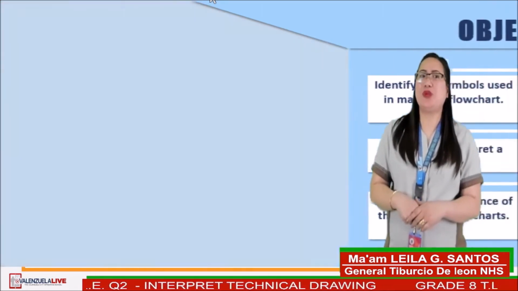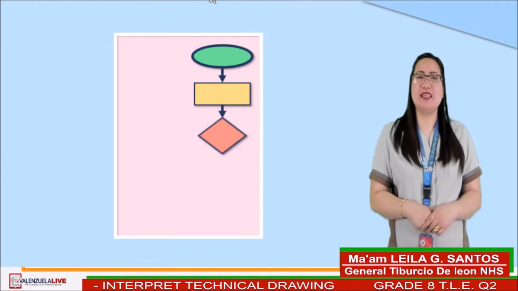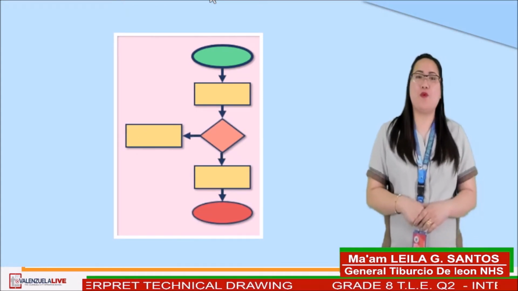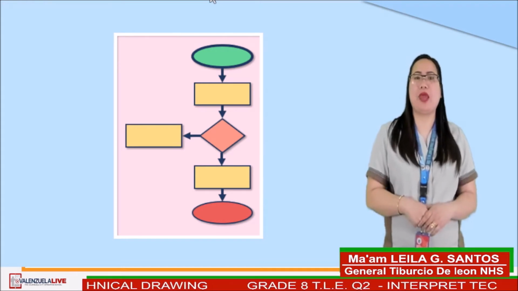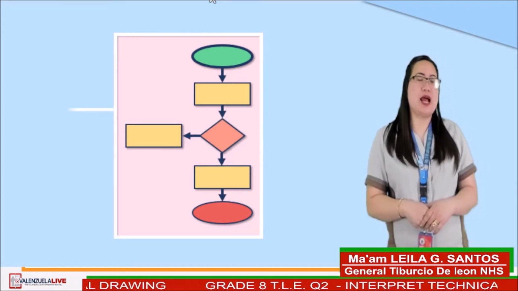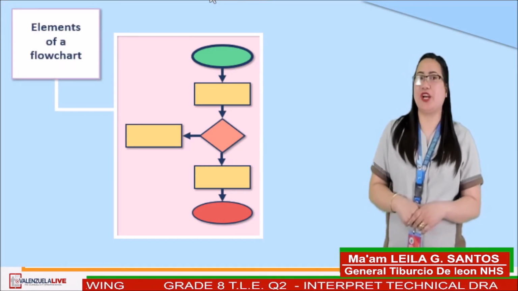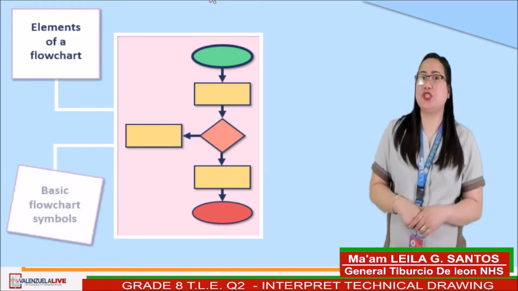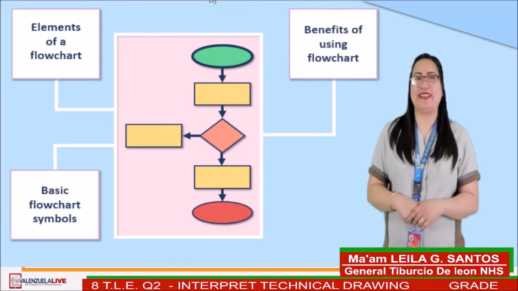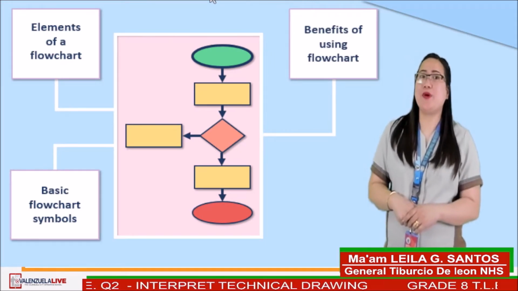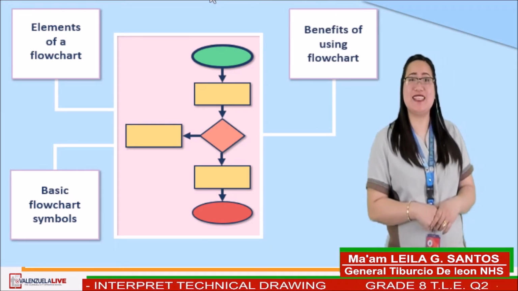Before we proceed with today's lesson, let us have first a glimpse of what we discussed last meeting under the following major concepts such as elements of a flowchart, basic flowchart symbols, and the benefits of using flowchart. Do you still remember our previous lessons, class?